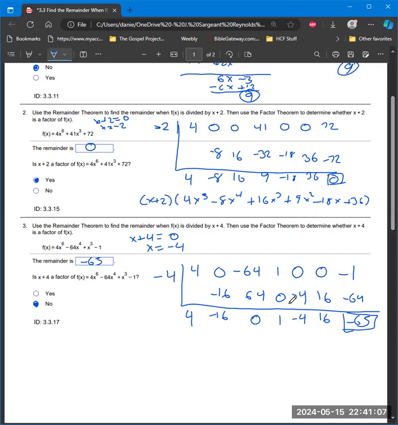You could have also evaluated this one at 4 times negative 4 to the 6th minus 64 times negative 4 to the 4th plus negative 4 to the 3rd minus 1. But I didn't want to get all those big numbers with those exponents there. So this synthetic division method helped me avoid all of that with simple multiplication and addition.